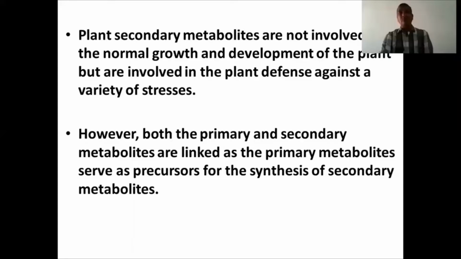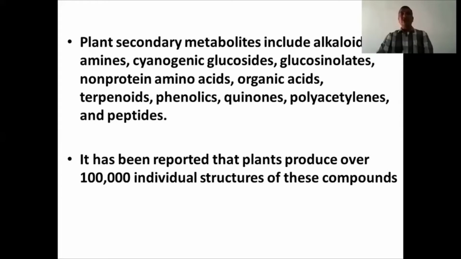So there are a number of secondary metabolites in the plants, like in the pathway table and the pathway sheet I have shown you, where primary metabolism is there and secondary metabolism is there. In the metabolism, I have shown you three important groups. One is terpenes, another is the phenols, and the last is the nitrogen-containing compounds.